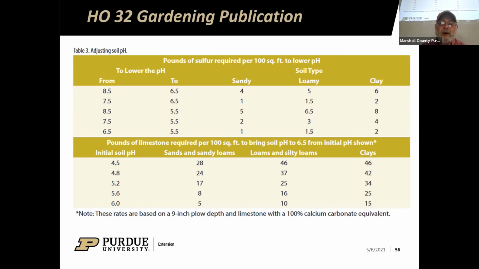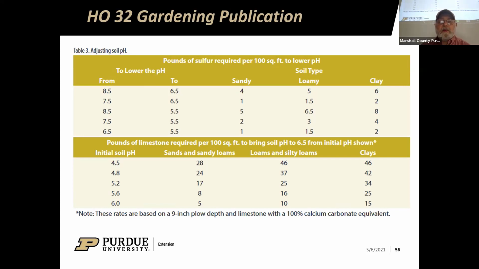And if you look at the bottom, again, pounds of limestone required per 100 square feet to bring soil pH up to 6.5. Again, you can see on the sandy soils, the lower cation exchange capacity soils with low holding capacity, it takes much less lime to raise the soil pH as well.